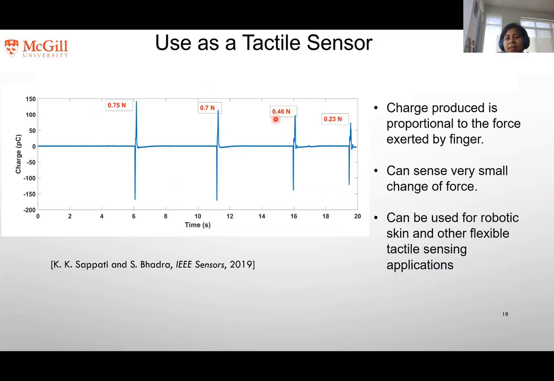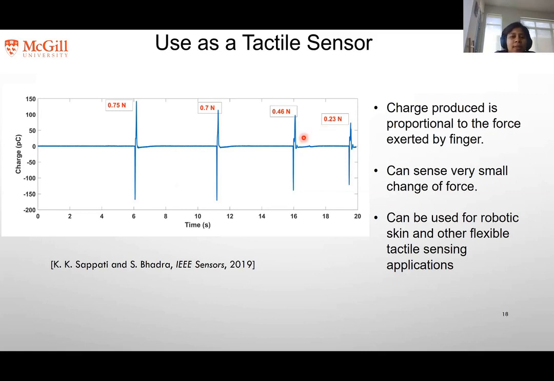We can even distinguish between very small force differences with this film. So this has pretty good potential to be used as a tactile sensor. We can use it in robotic skin, or in other flexible tactile sensing applications.